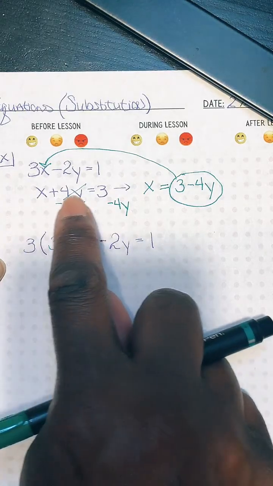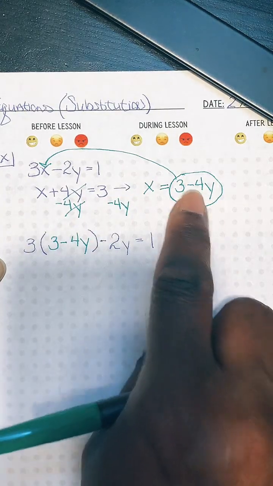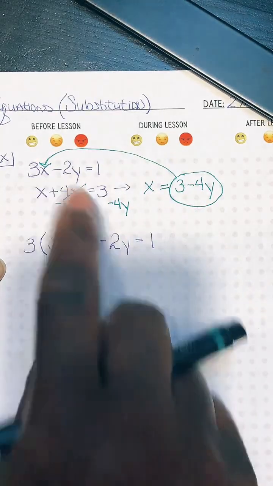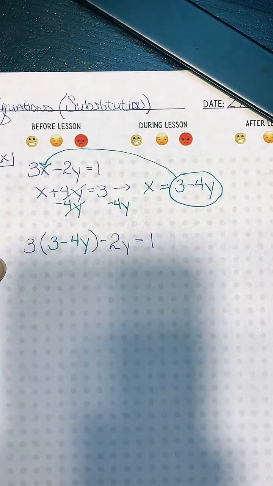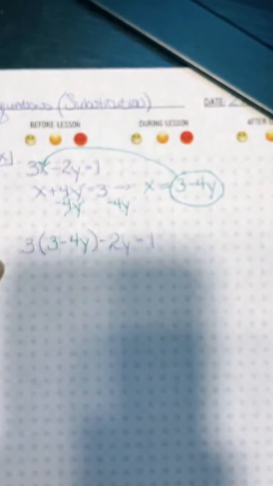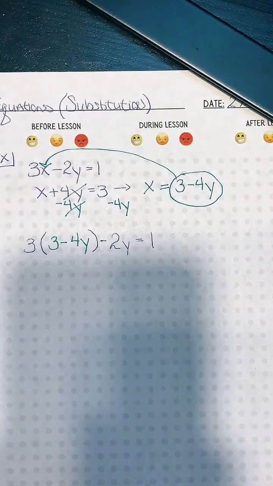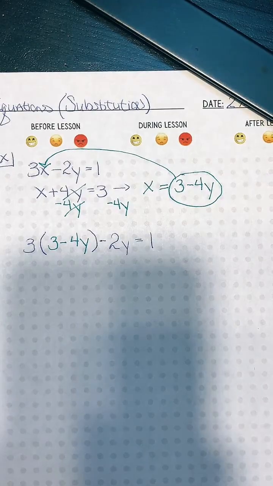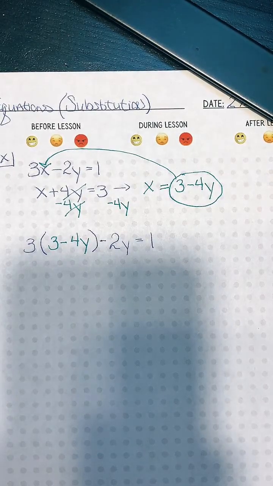So by solving that second equation for x and plugging it in for x, we take out that x and we put in the y. Felt like Shogun for a second, like push in, pull out. All right, so now we're going to distribute.